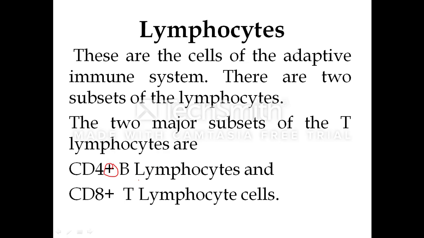They are called B lymphocyte. And another one is the CD8 receptor displaying lymphocyte. We call them T lymphocyte. You will be learning about these T lymphocytes and B lymphocytes in the coming videos in detail.